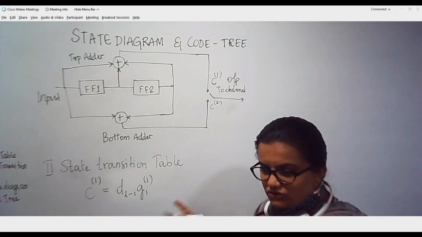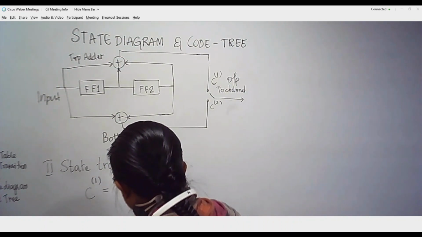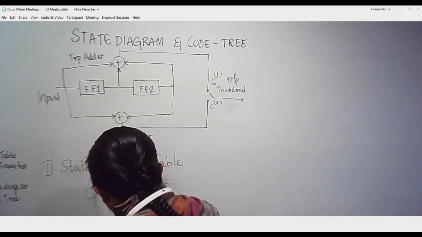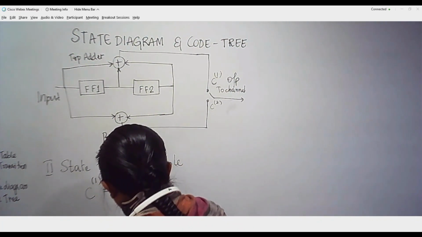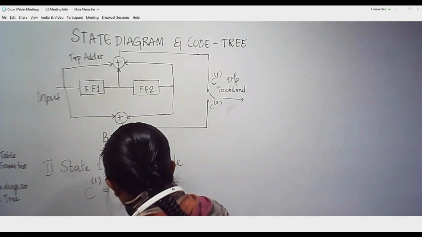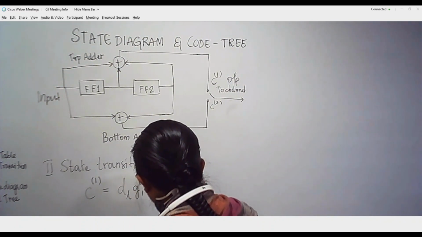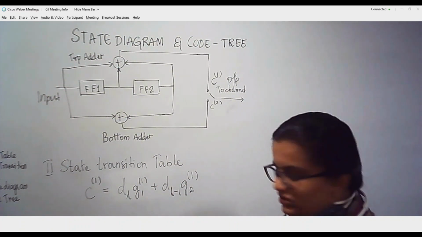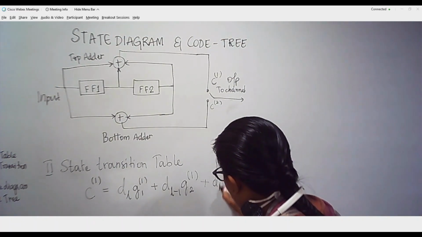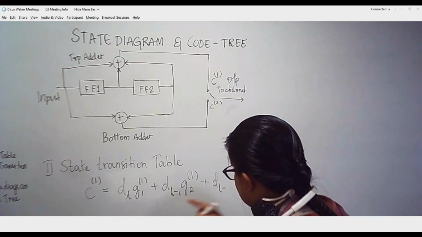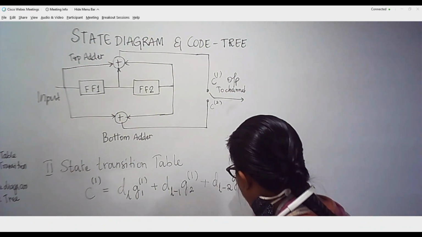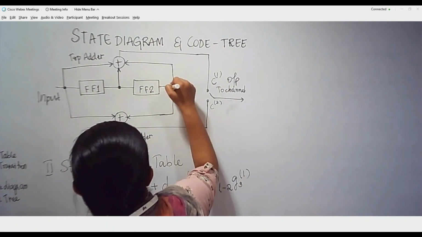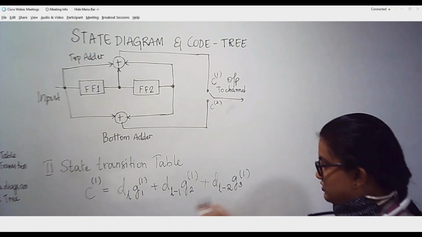I am going to expand this discrete convolution expression and write it as D_L into G1 of 1 plus D_(L minus 1) into G2 of 1 plus D_(L minus 2) into G3 of 1. There are 3 nodes over here. Depending on the number of nodes in this connection, so many G's will appear: G1, G2, G3.